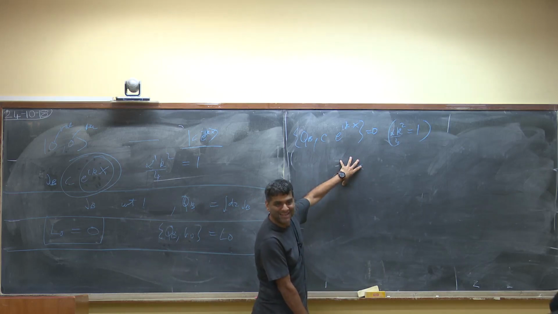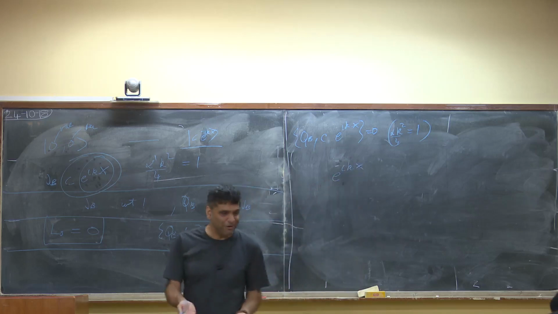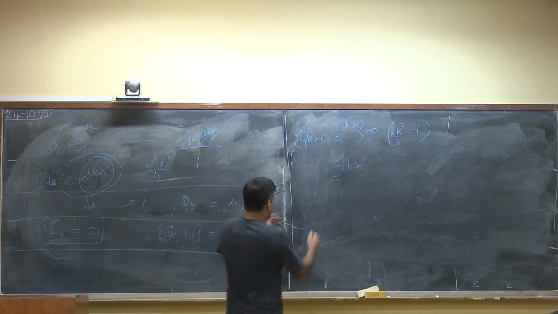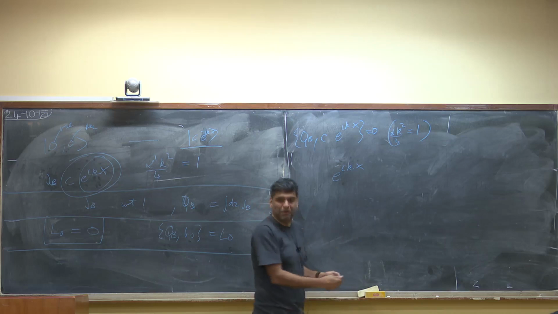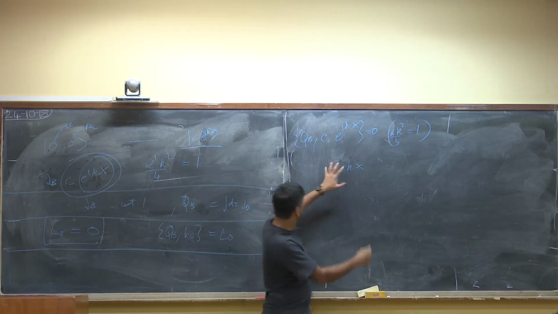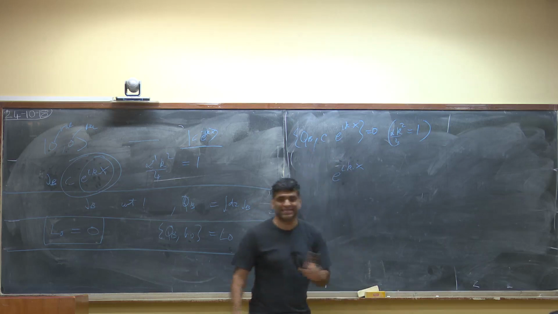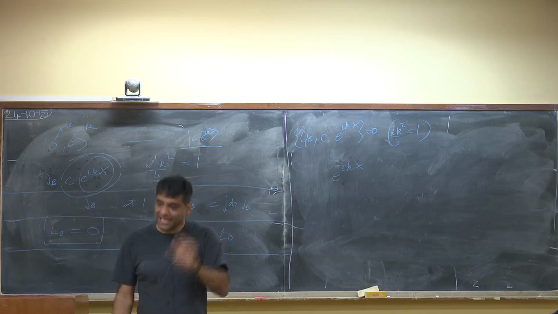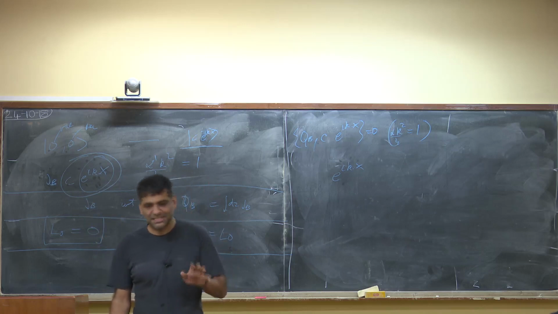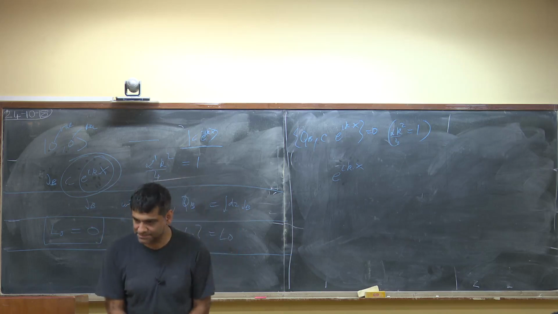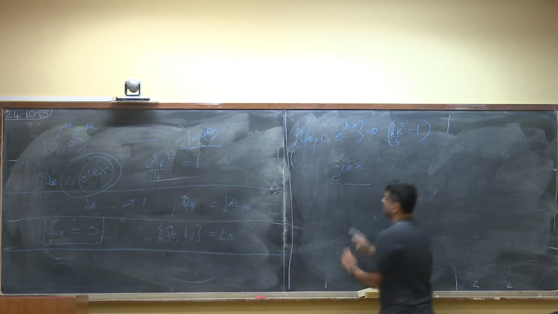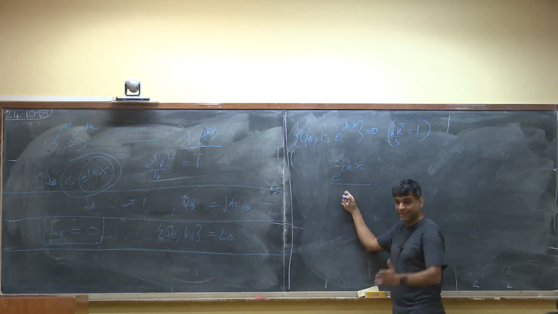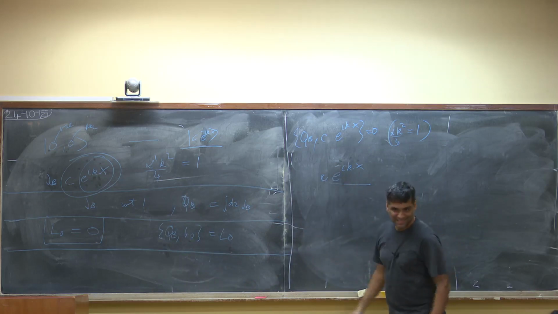Suppose this thing was Q exact, then there is a state with momentum k and L0 equals 0 such that Q on that state is this state. That's what it means to be exact. This already carries dimension 1. The whole thing has to have dimension 0, so the only candidate state is c_{-1}.